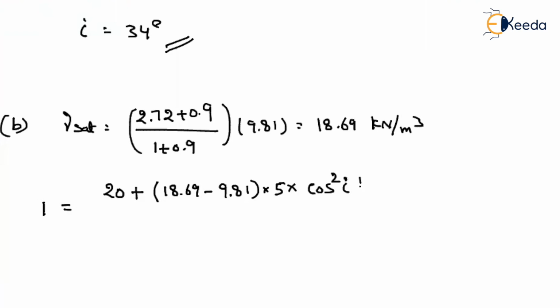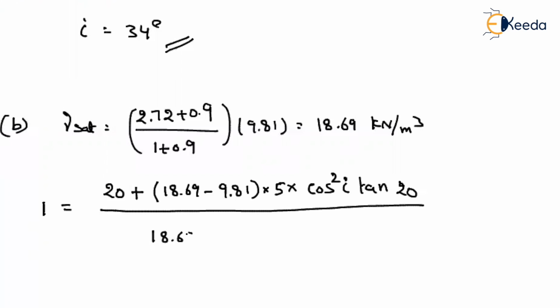This is what we have to find, into tan phi. Phi value is given as 20 degrees, divided by. In the bottom we have to use the submerged parameter, or rather the saturated one: 18.69 into 5 into cos i into sin i. So if you solve this, you will get the i value as around 23 degrees.